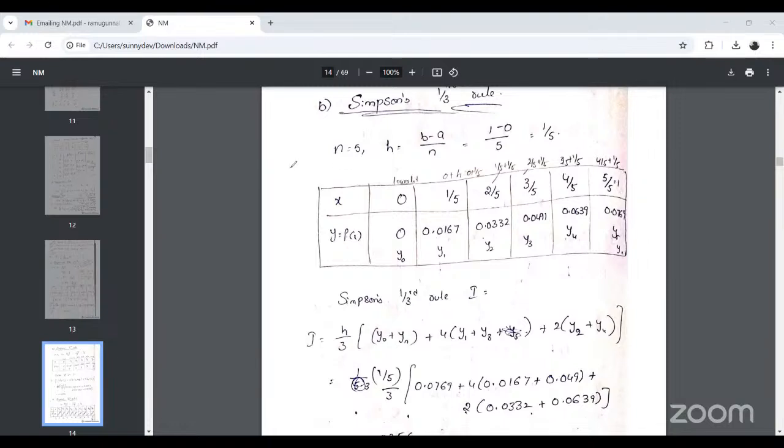First we start with 0 and add 1 by 5, that becomes 1 by 5. Next 1 by 5 plus 1 by 5 is 2 by 5, and 2 by 5 plus 1 by 5 is 3 by 5, and 3 by 5 plus 1 by 5 is 4 by 5. And finally 4 by 5 plus 1 by 5 is equal to 1. So we can observe it is 0 to 1 only.